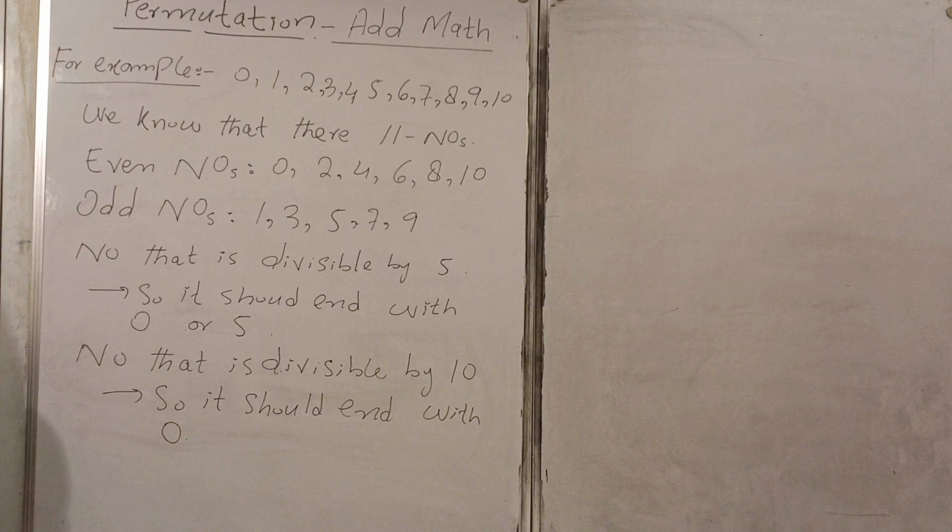If it is divisible by 10, it should end with 0.